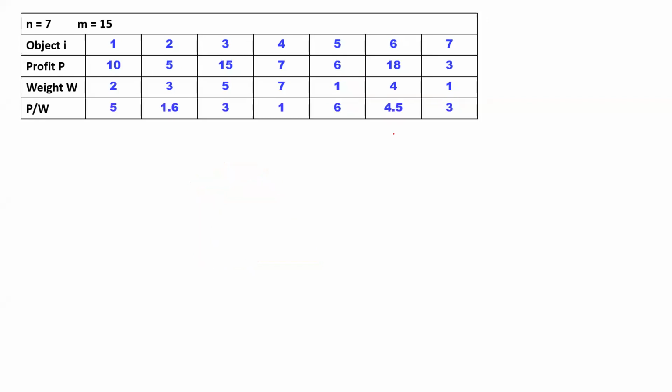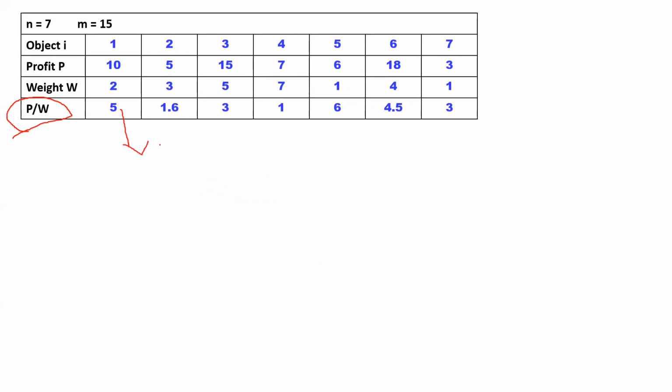So to produce an actually optimal solution, I'm going to use this selection procedure: P by W, profit by weight. Now you can see how I got this 5 here.